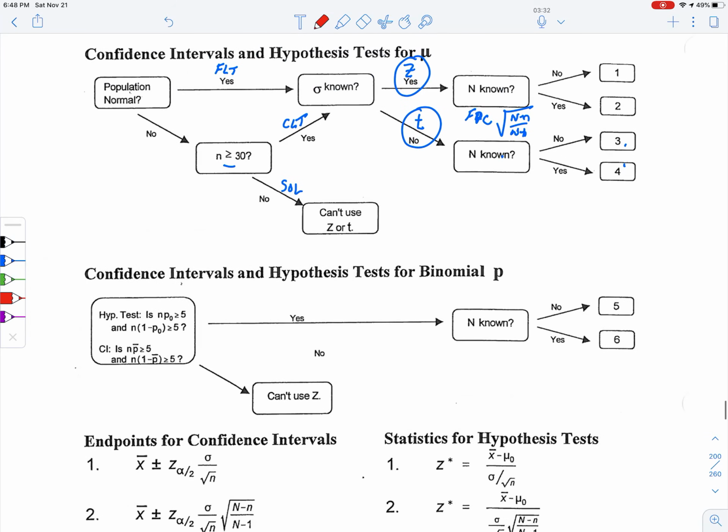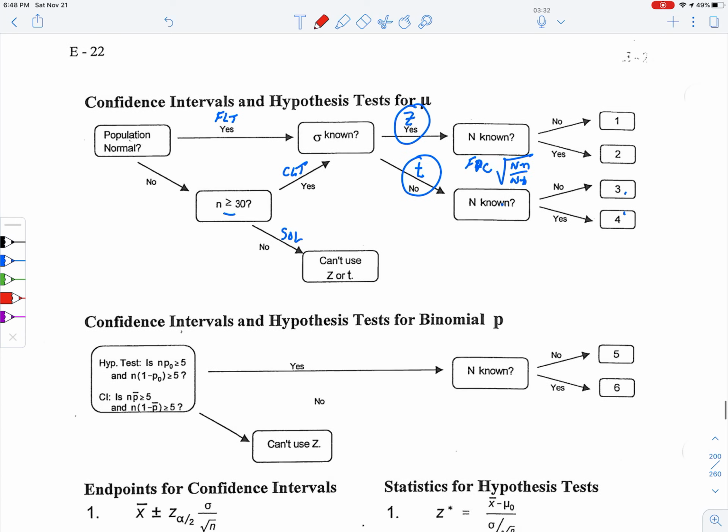Where are we here? There we are. Okay. The top flow chart is when we're talking about hypothesis tests and confidence intervals for the mean. This is the guy that we want here. This is for proportion. So we can actually write proportion here.